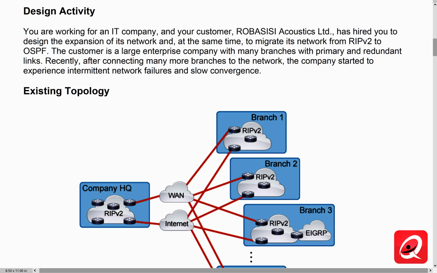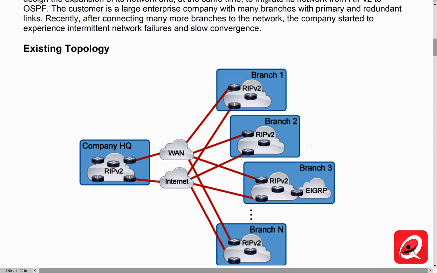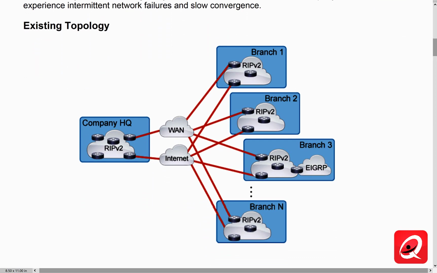The customer is a large enterprise company with many branches with a primary and redundant links. Recently, after connecting many more branches to the network, the company started to experience intermittent network failures and slow convergence. Primarily because probably RIP version 2 just simply doesn't scale to the size of the network that we need.